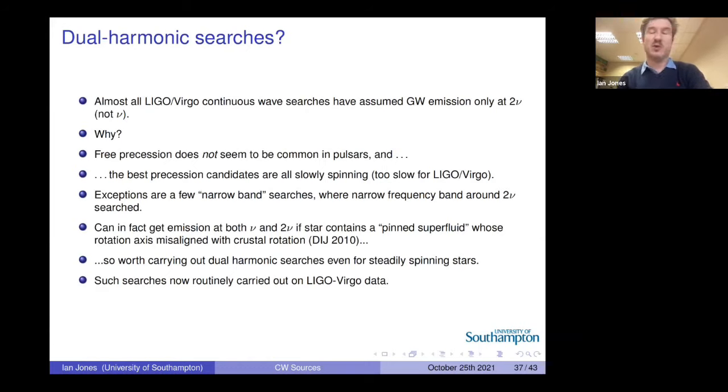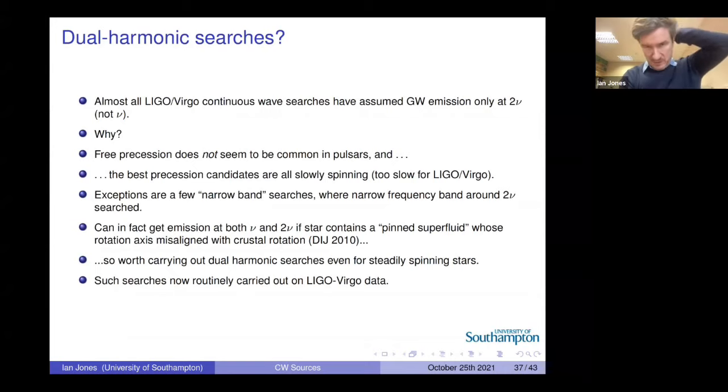So there's no sign of any modulation in the radio data, so it doesn't look like it's precessing, but it can nevertheless still emit gravitational waves, not just at 2 nu, like a triaxial star. It can also emit gravitational waves at the spin frequency nu.